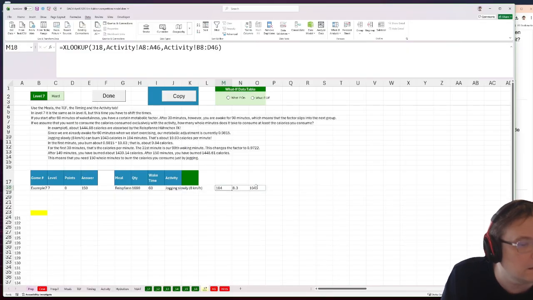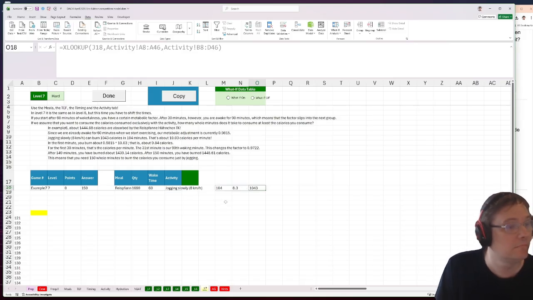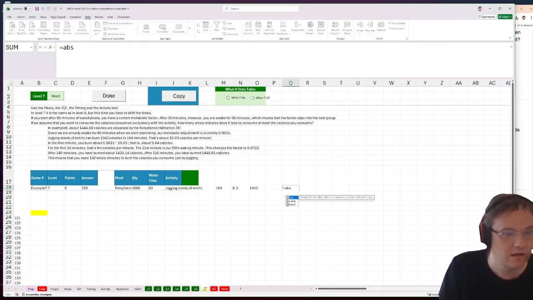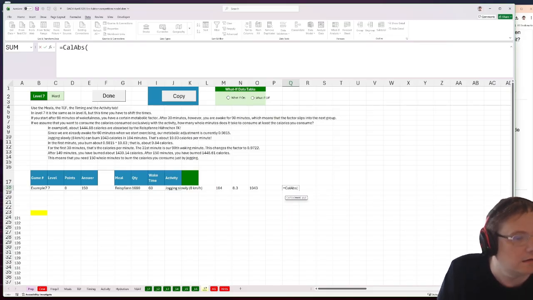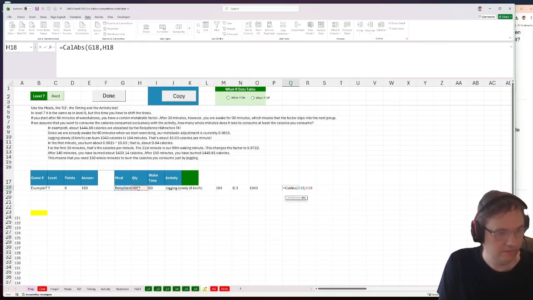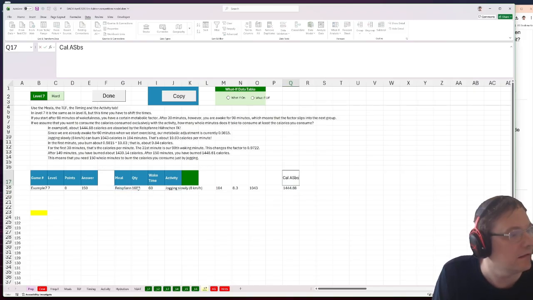Calorie absorbed for this meal and this quantity is cal absorbed.